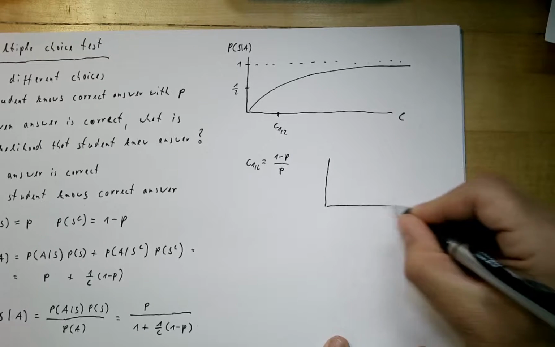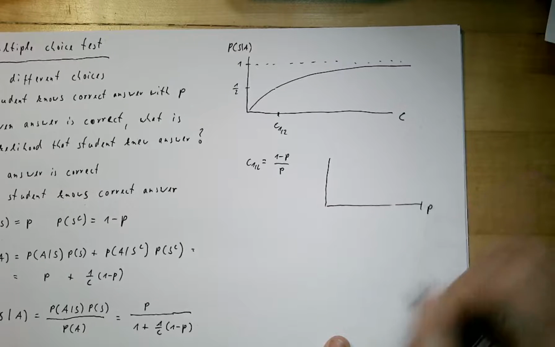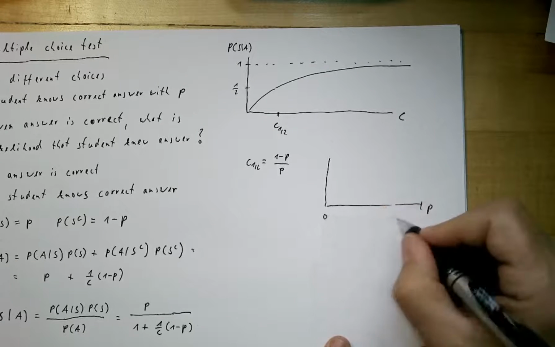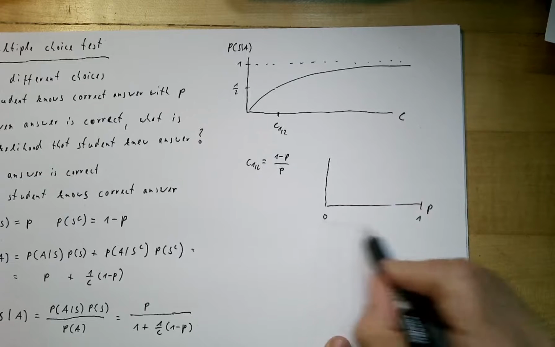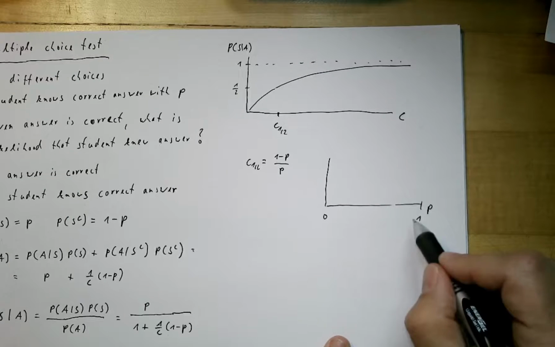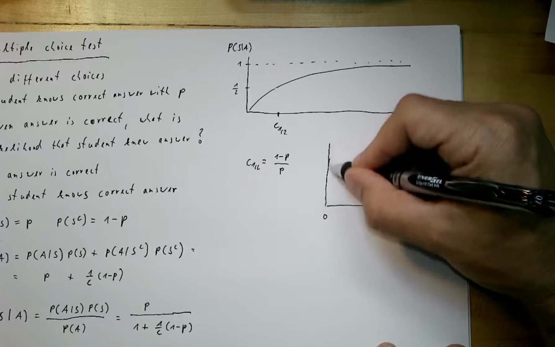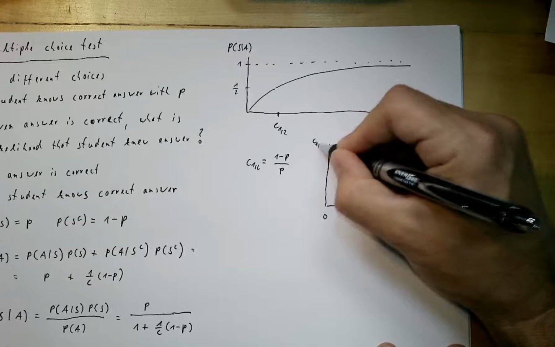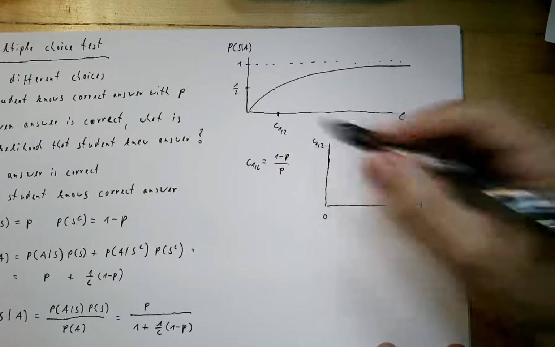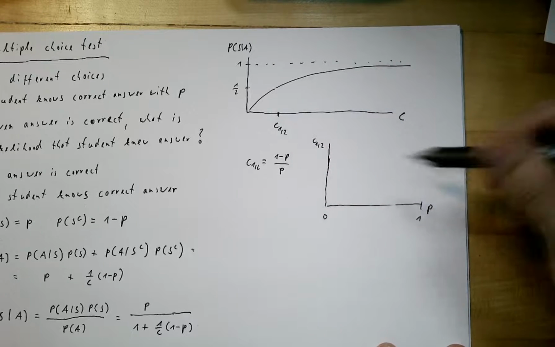Now I have here the probability P that the student knows the correct answer, which is between 0 and 1. And here we have our C 1/2, this half saturation value.